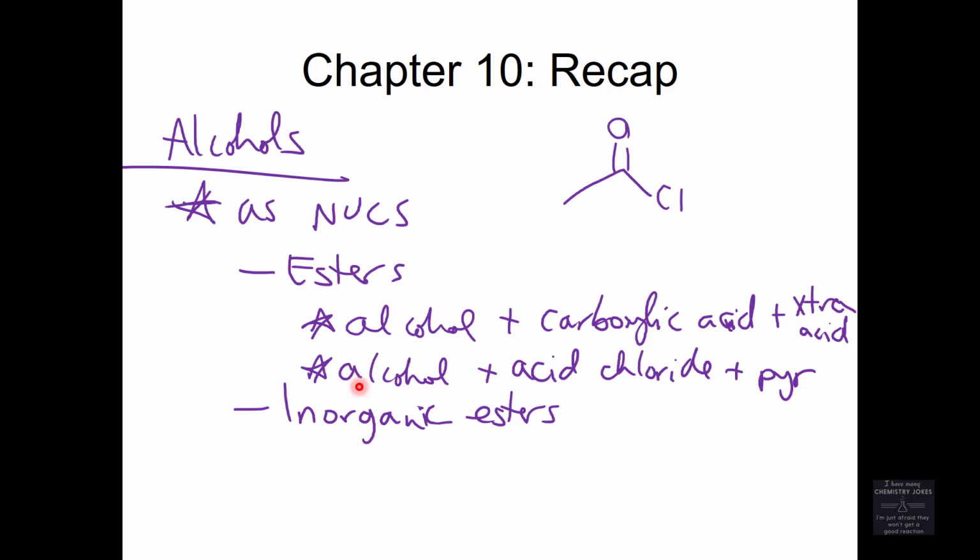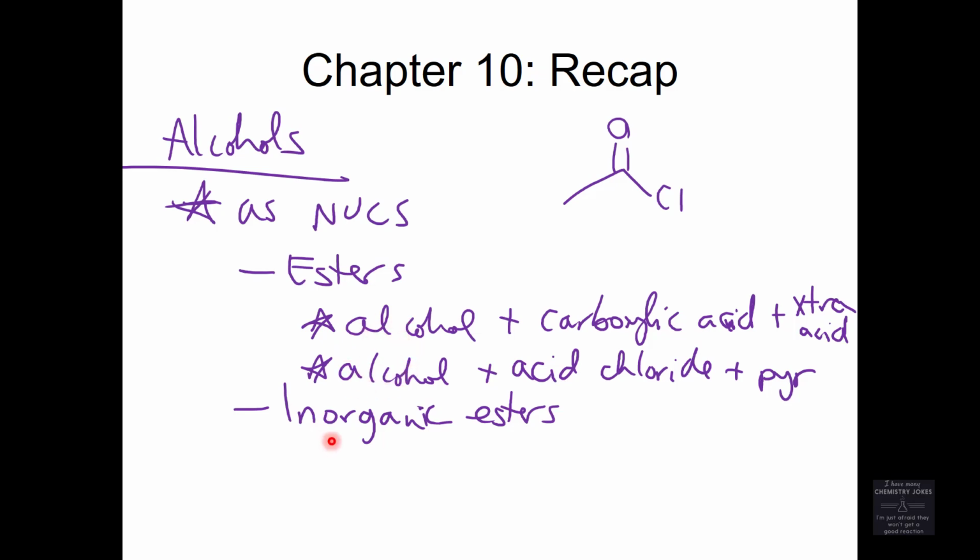Substitutions, eliminations of alcohols to make alkenes? Yes. Oxidations of alcohols to make carbonyls? Yes, except we did not draw any of the chromium mechanisms. We don't have to know those. We need to know bleach and Swern. But other than that, all the chromiums, nah. We drew these, but we don't have to know them yet.